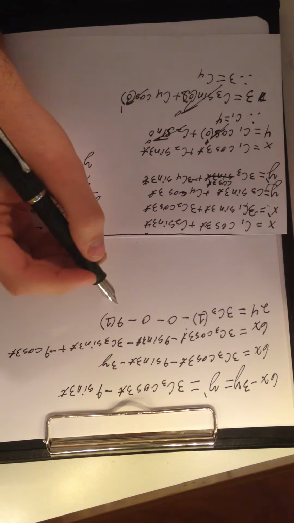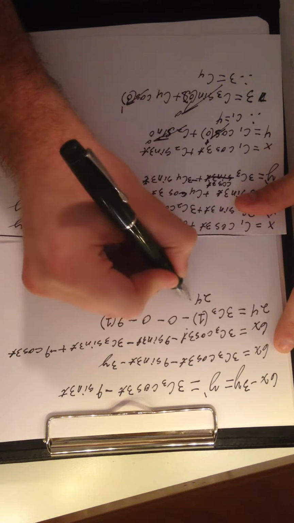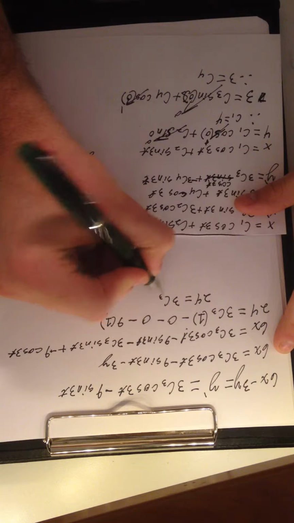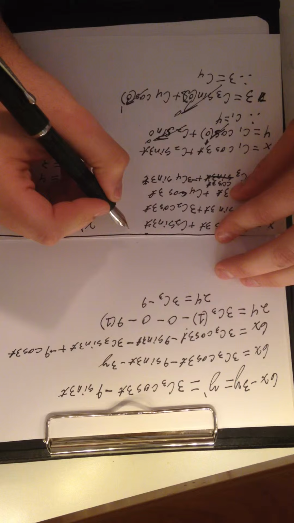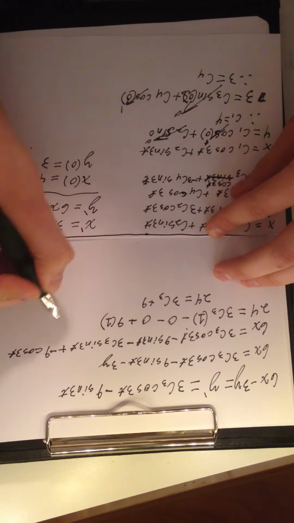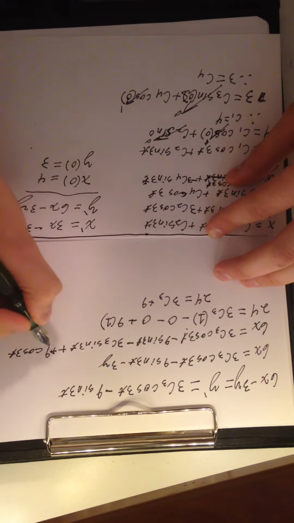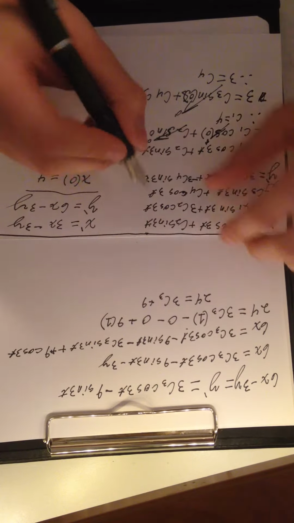So now we're going to clean this up a bit and get 24 is equal to 3c3 minus 9. Excuse me, plus 9. I don't know why I have that as a minus there. But so now it's plus 9.